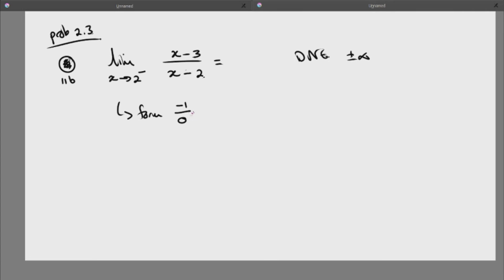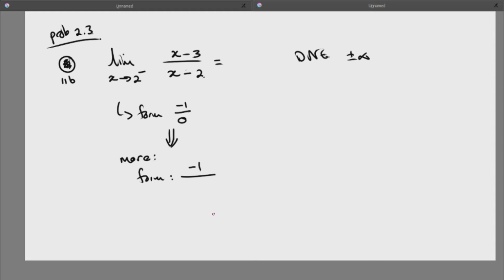by saying a little more. Let's say here, more. The form is -1, sure. That's what the numerator is doing. But because it's a one-sided limit, x is approaching 2 from the left, meaning it's always a little less than 2.